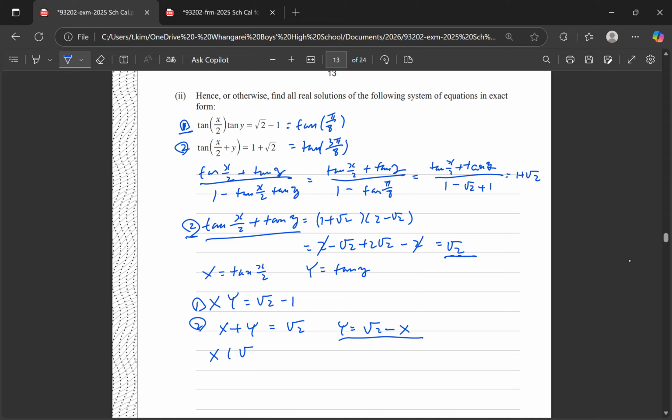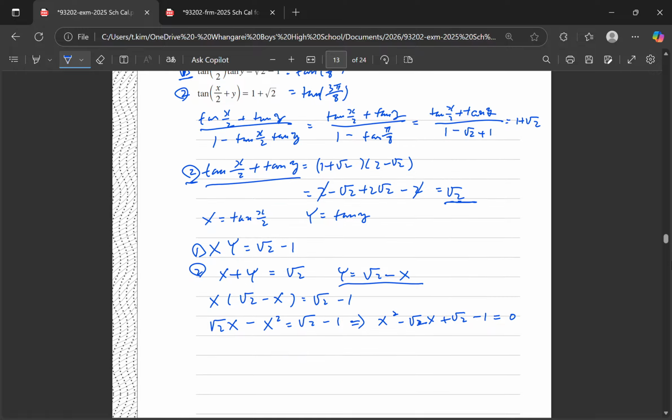X(√2 − X) equals √2 − 1, which is √2 X − X² equals √2 − 1. So this means X² − √2 X + √2 − 1 equals 0, right? Now we can factorize this.